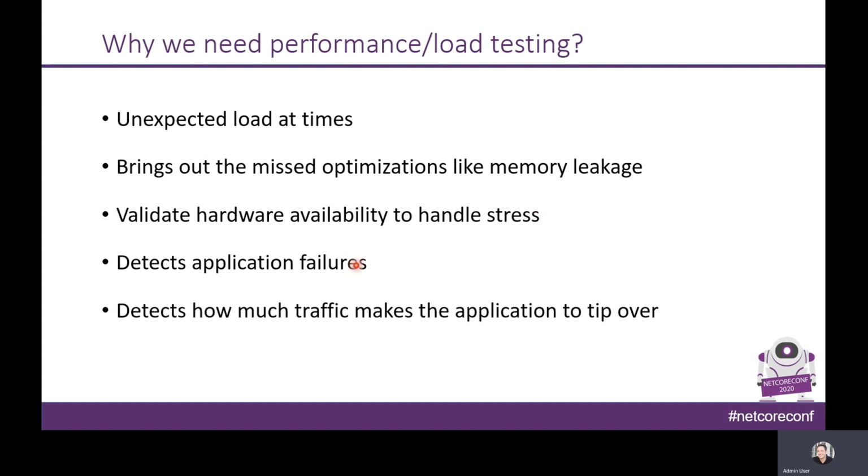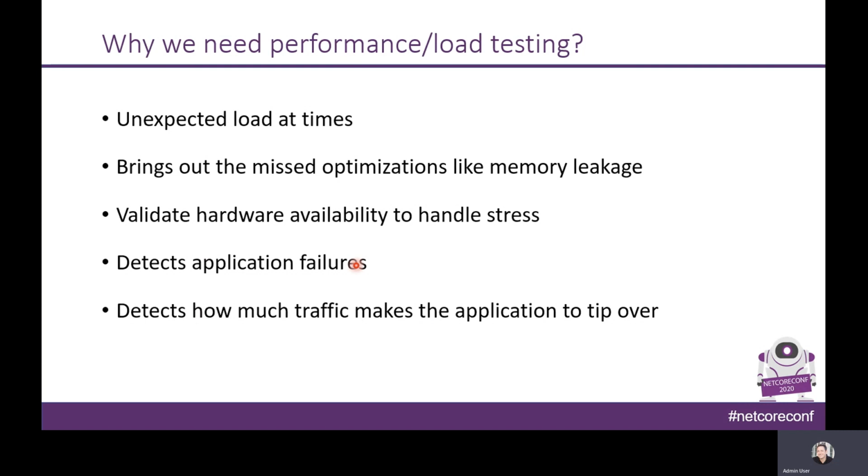It also helps to detect application failures in any scenario. For example, from a query perspective, we may have written something that returns only 1,000 users, or in the business logic itself returns the top 1,000 or top 100 rows.